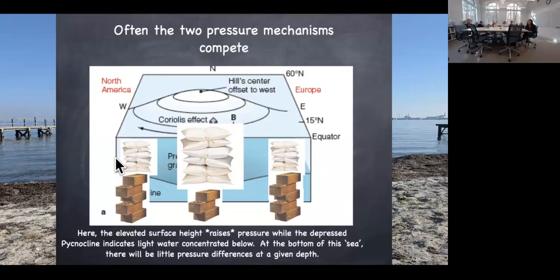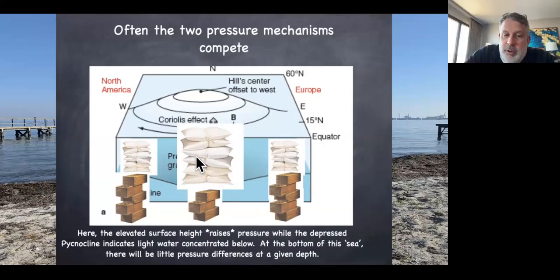In the middle. It's in the middle because this is higher up. So if you cut through, you got more pillows on top of you than you do here, right? You've only got this high of pillows, so there's only this much dense water on top of you here, and there's a lot more here.